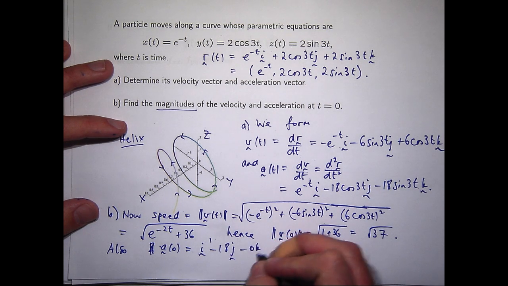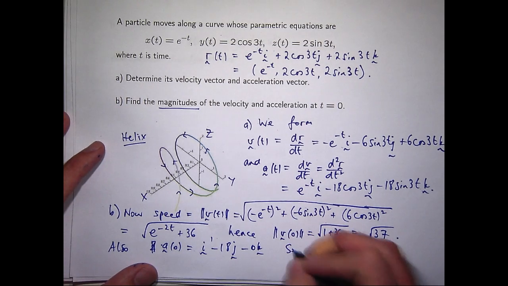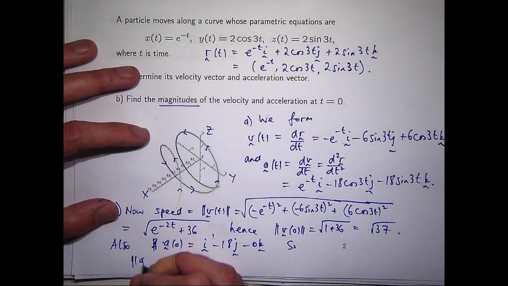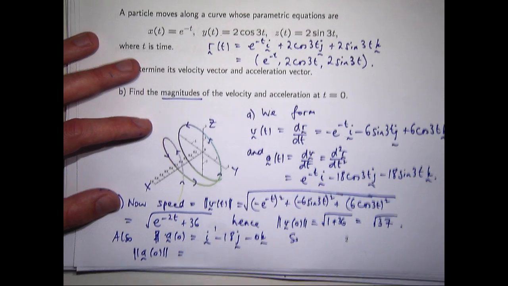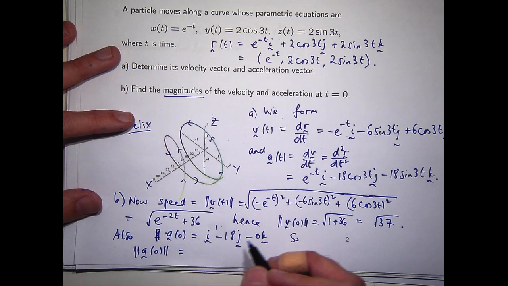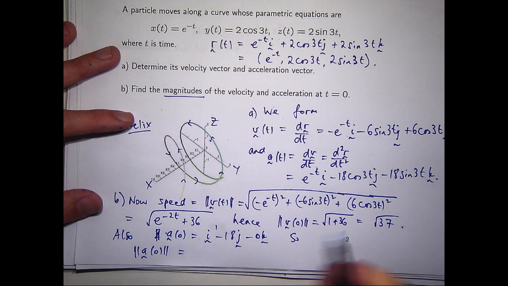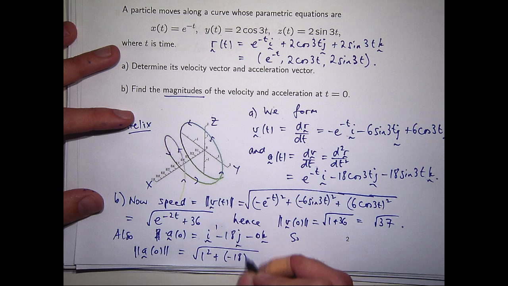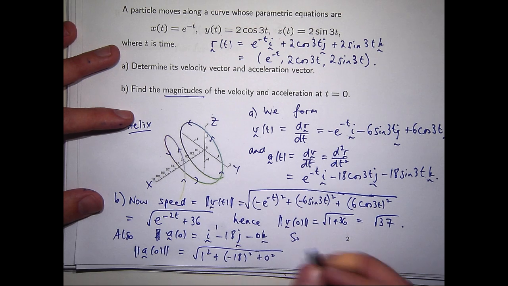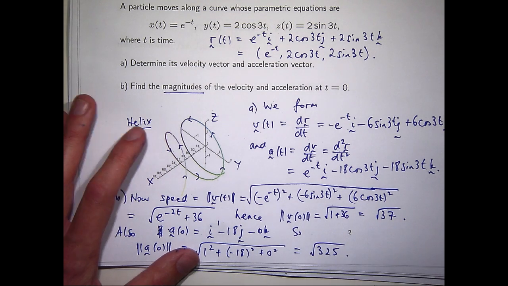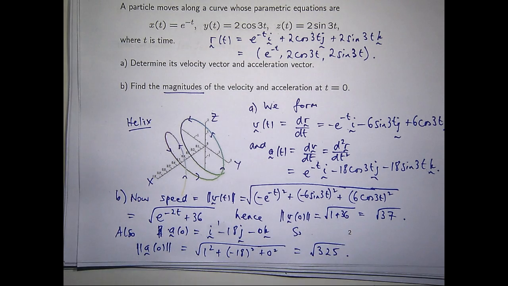And minus 18 sine 0 is just going to be 0. So the length or the magnitude is just the length of this vector here. So it's 1 squared plus negative 18 all squared plus 0 all squared. Add it together and square root it. Okay, so I'll get this.